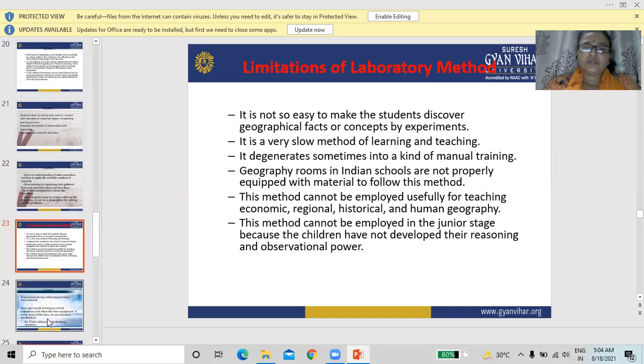This method cannot be employed in the junior stage because the children have not developed their reasoning and observation power.